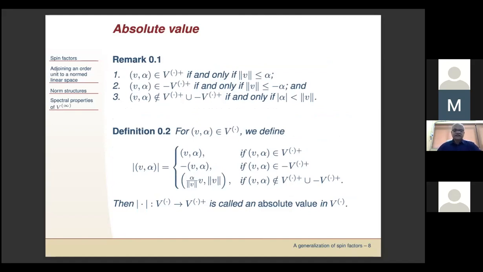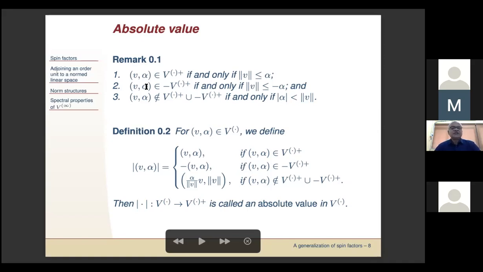What we notice is that the pair (V, alpha) is positive, of course, by our definition, if the norm of V is less than or equal to alpha, that is, alpha is a positive number, and it is negative if the norm of V is less than or equal to minus alpha. Eventually, we note that if (V, alpha) is positive, then minus (V, alpha) is negative. Similarly, if (V, alpha) is negative, then minus (V, alpha) is positive.